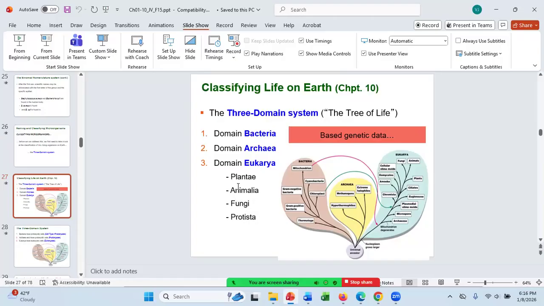But the point is the plants will be more similar in their DNA sequence to other plants than they are in the DNA to an animal.